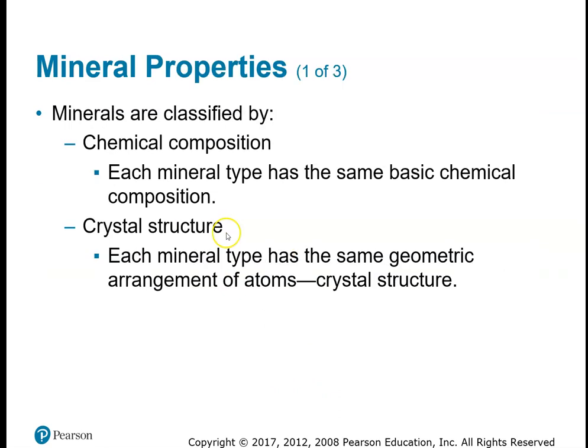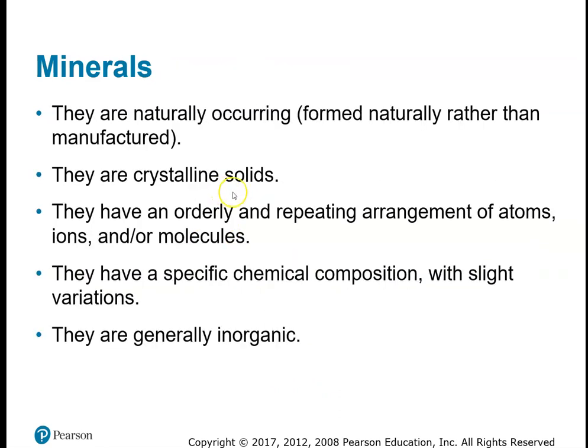So there's a couple of things. Before we get into that, there's a couple of things that are not minerals. For example, there's a thing that forms called obsidian. It's a type of volcanic glass that will form around volcanoes or near volcanoes, and it's black. It's very, very dark.